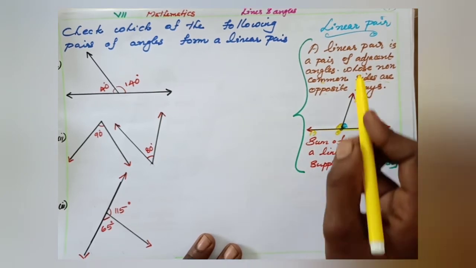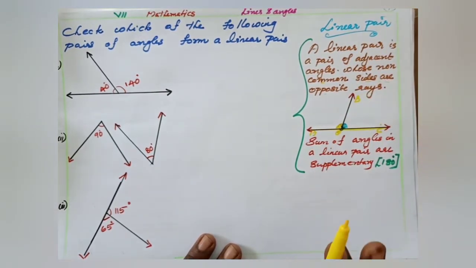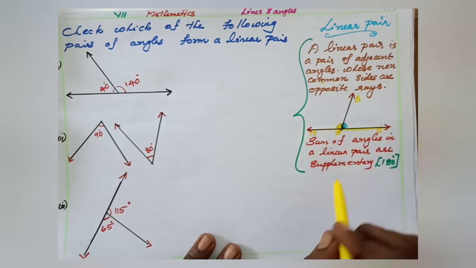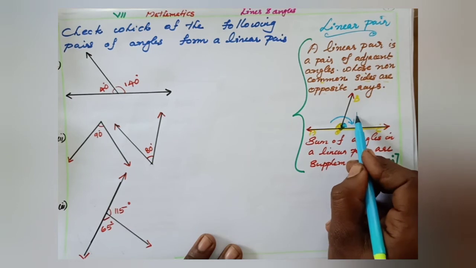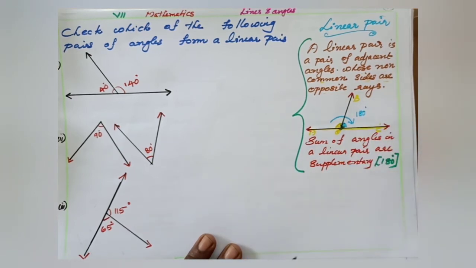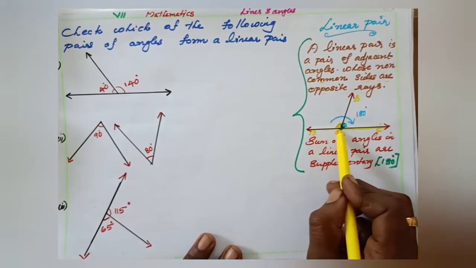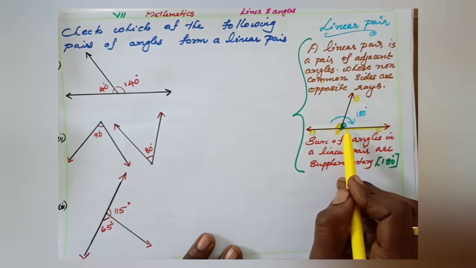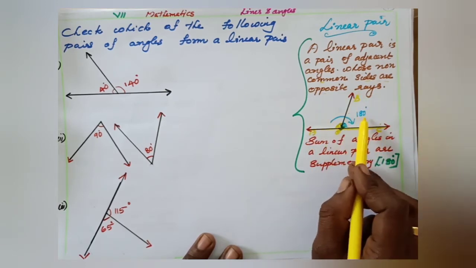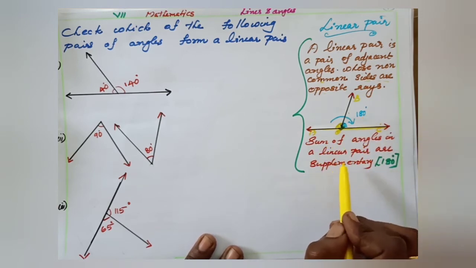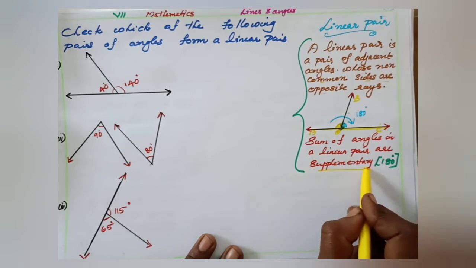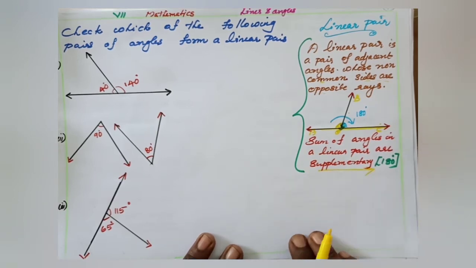So that is a linear pair. A linear pair is adjacent, so it satisfies all three conditions of adjacent angles. The sum of the angles of a linear pair is 180 degrees, that is, angle AOB plus angle BOC is 180 degrees. So the angles in a linear pair are supplementary. Supplementary means 180 degrees.